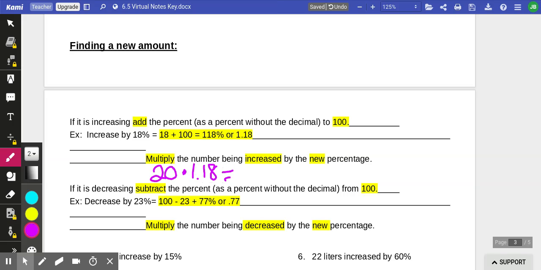I would be multiplying by my new percentage, and that's going to tell me what my goal is going to be for students to get A's on my test.